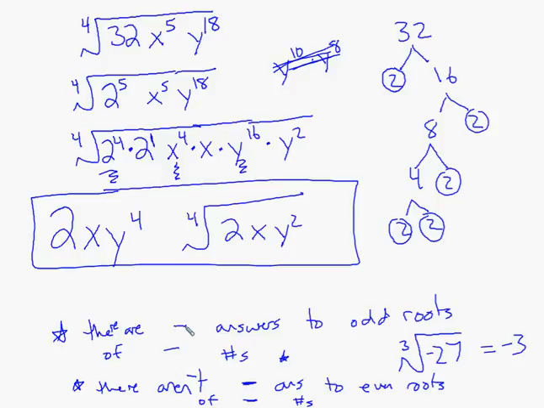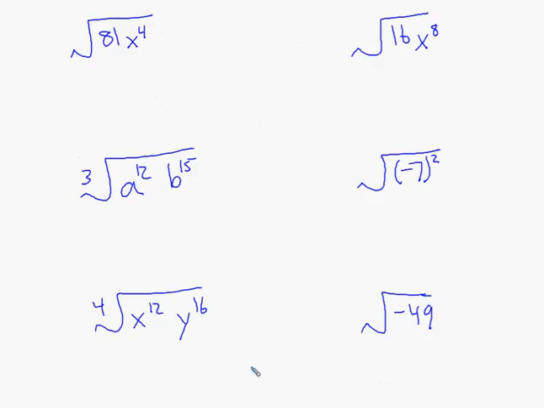There are negative answers to the odd roots of negative numbers. There aren't negative answers to even roots of negative numbers. So if I have an even index, and I'm taking the root of a negative number, I'm not going to get a real answer. It would be on the imaginaries. So for this chapter, we're not going to worry about imaginaries. Okay, so go ahead and give these each a try.